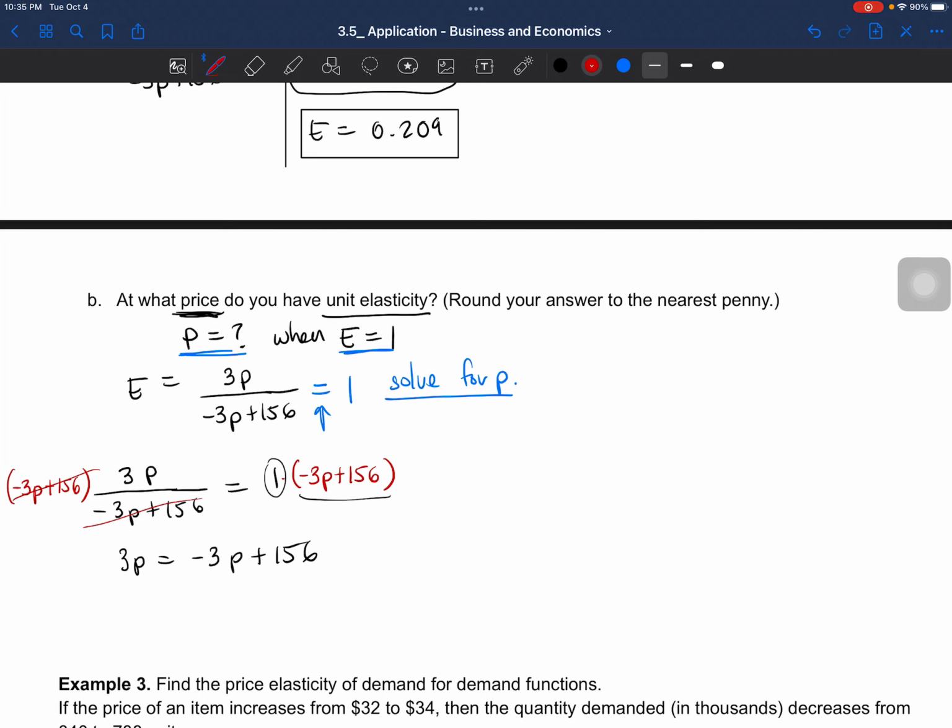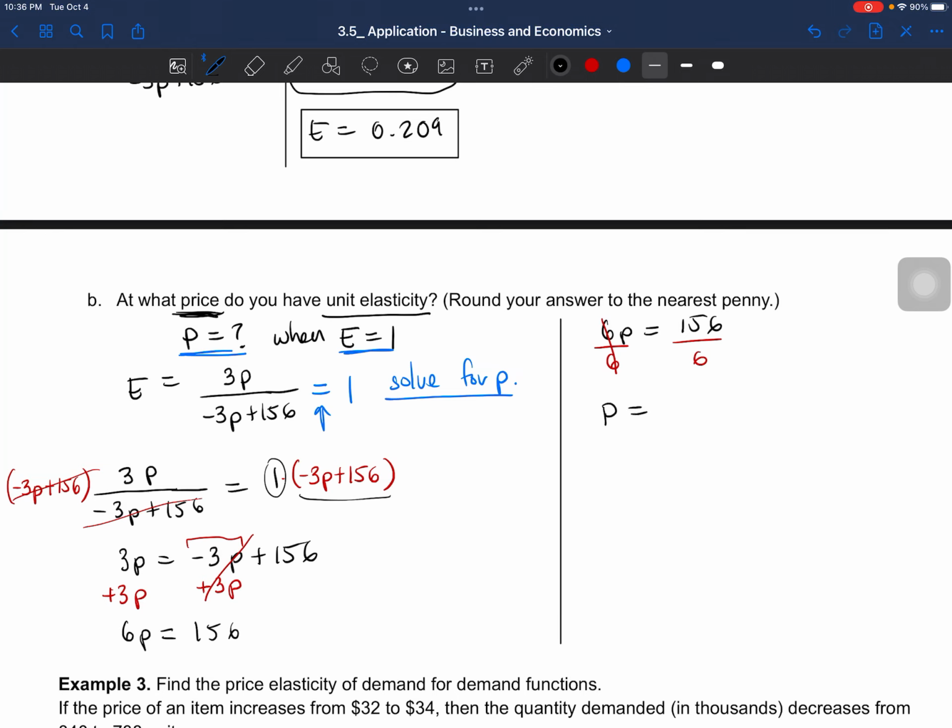Again, we're solving for p, so we're going to isolate the p terms. Let's remove this term by adding 3p on both sides. So now we have 6p equals 156.